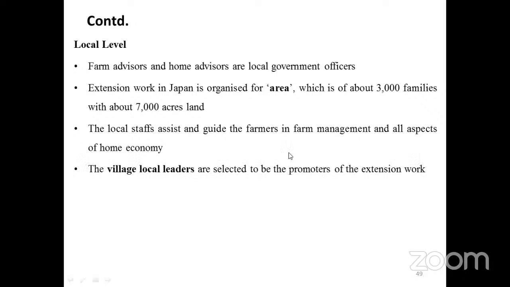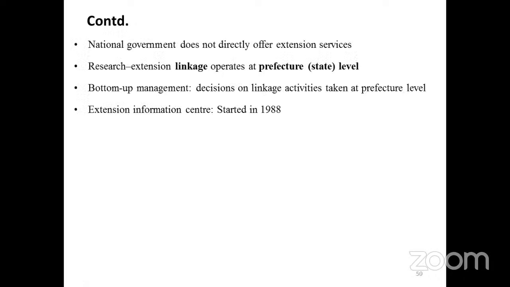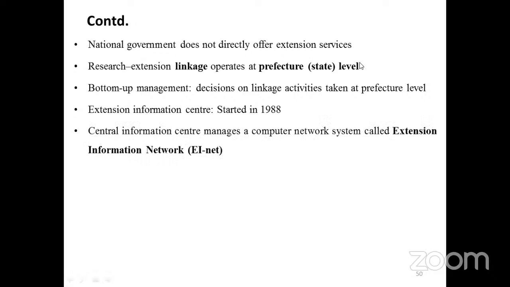And they have this concept of village local leaders also, who are basically the para extension workers. So again, this national government here does not offer extension service as such, but it goes on at prefectural level. Funding is national, but service is at prefectural level.